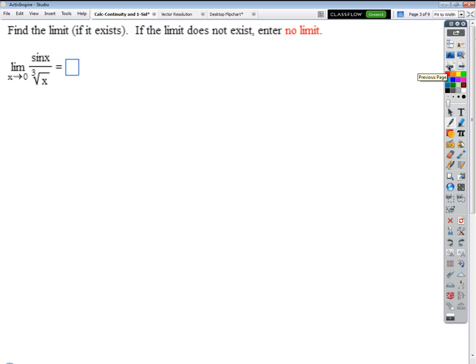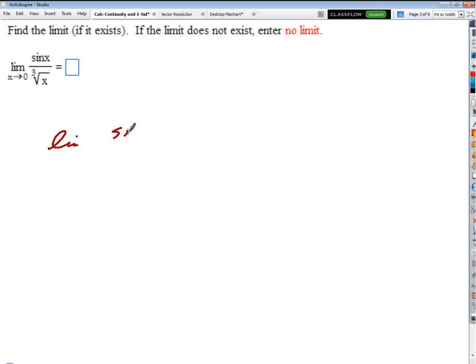What if we rewrote this as the limit of sine x over x to the 1/3, as x approaches 0. What do I have to multiply top and bottom by here to get x on the bottom? That's my theta, right? 3. Say it again.